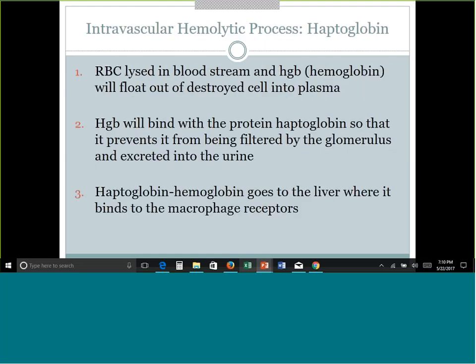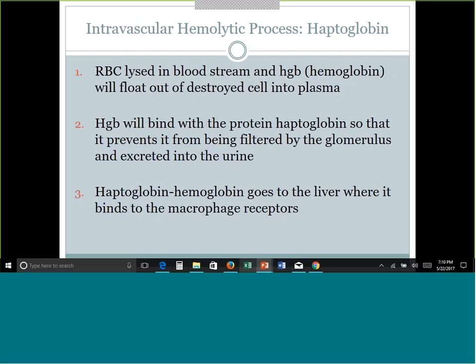Haptoglobin is just like the name sounds. It sounds really close to hemoglobin. The entire role of haptoglobin is that it binds hemoglobin and carries it to the liver. That will prevent it from being filtered to the glomerulus, and it will keep it and bring it to the liver, and then it will undergo that exact process that we just discussed in the extravascular in the liver.